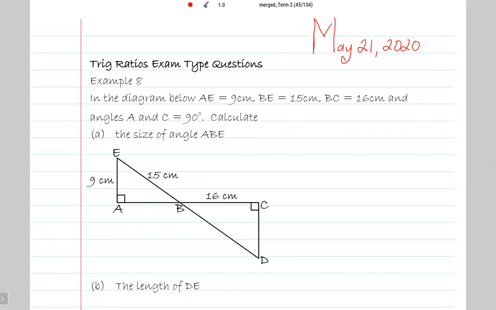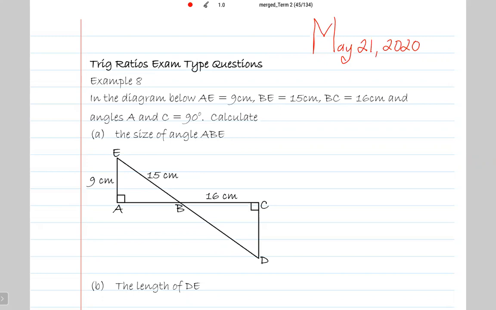Example 8 says, in the diagram below, AE is 9 centimeters, BE is 15 centimeters, BC is 16 centimeters, and angles A and C are both 90 degrees. We're to calculate A, the size of angle ABE.